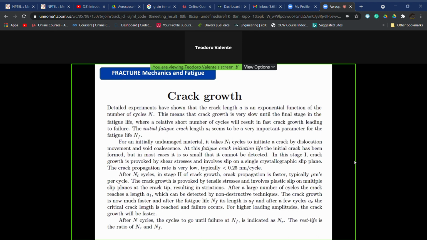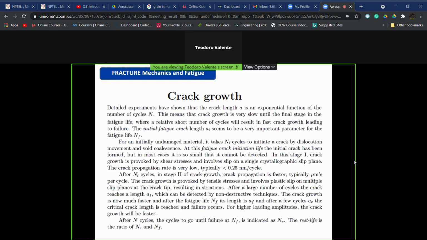Then after a certain number n of cycles, if we have not yet reached failure, this means that we have a residual life.